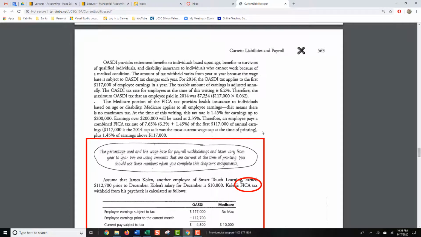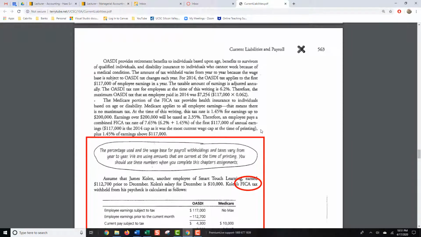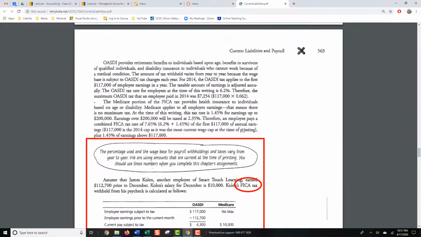You're also going to pay your FICA taxes, and that's OASDI, so Old Age and Survivors Disability Insurance, and the percentage changes. In this example, it was 6.2%, and this was back in 2014.